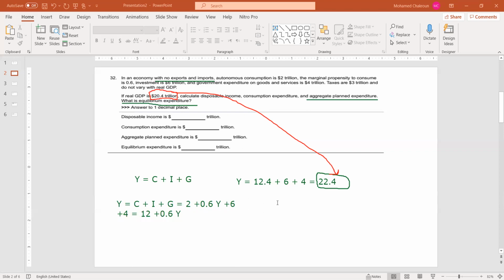So we have here Y is equal to 12 plus 0.6 Y. In other words, Y minus 0.6 Y is equal to 12. In other words, 0.4 Y is equal to 12. In other words, Y is equal to 12 divided by 0.4.